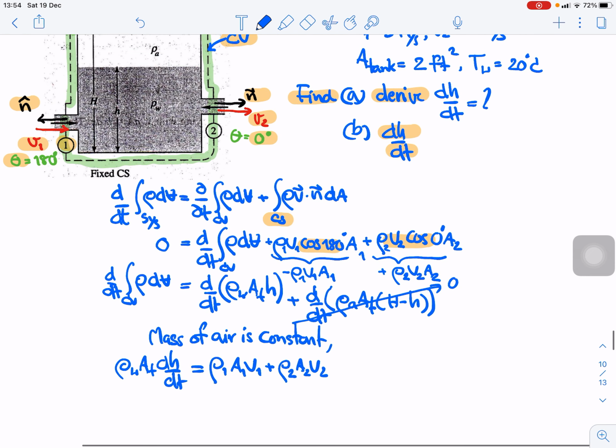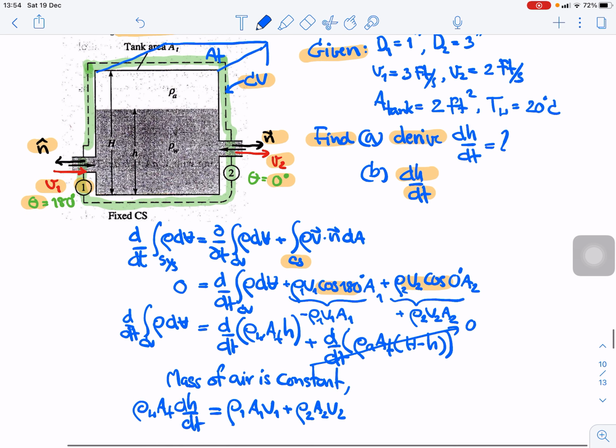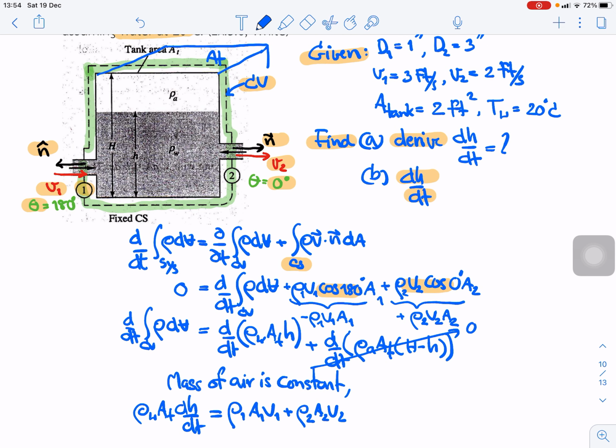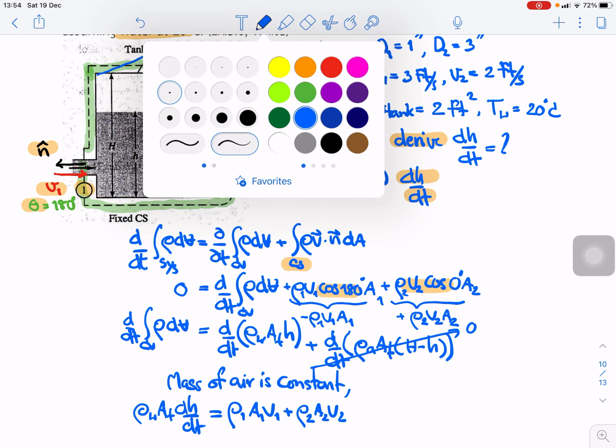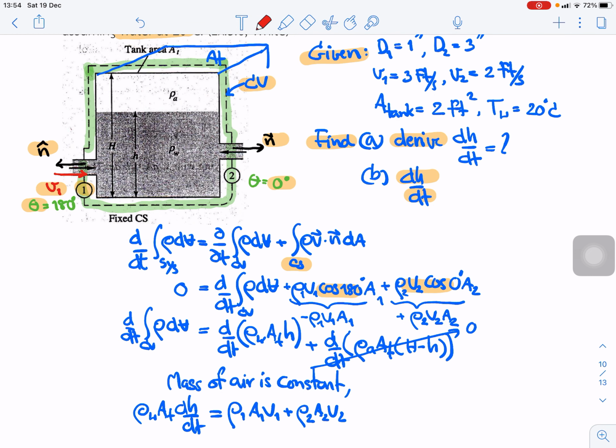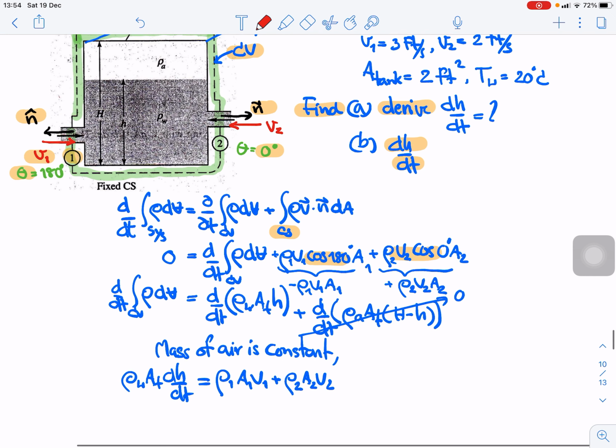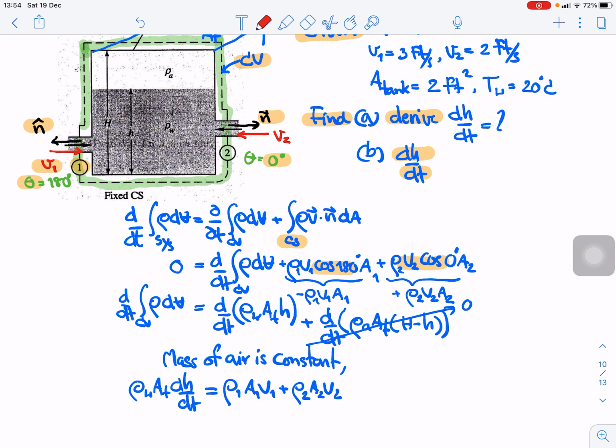This is along the direction of the flow. V2 is this direction, sorry, I missed it. So V2 is also an inflow. So at that point V1 has theta at 180 and V2 is 180 as well.